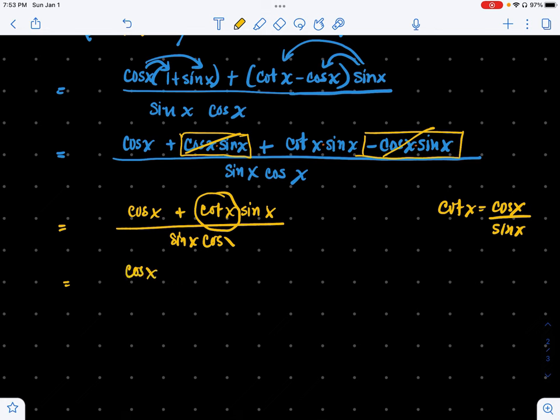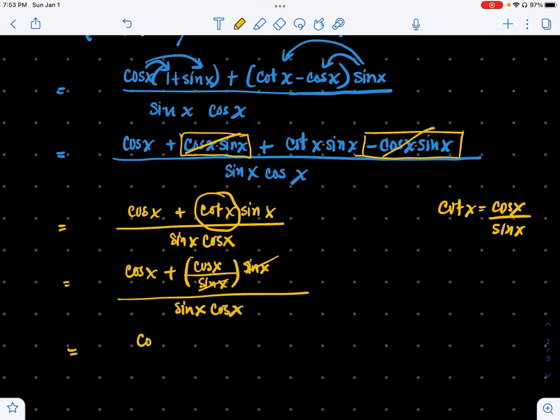So watch this now. Plus cotangent, I'm going to write as cosine over sine times sine in the numerator. And it's so satisfying because these two cancel. Don't forget there was still a denominator, cosine x. Now what's in the numerator? Well, there's a cosine x plus cosine x over sine x times cosine x.